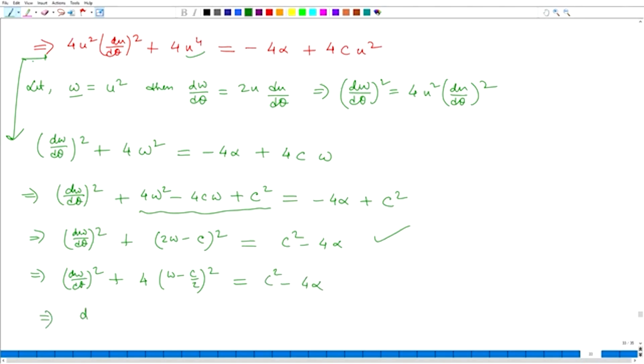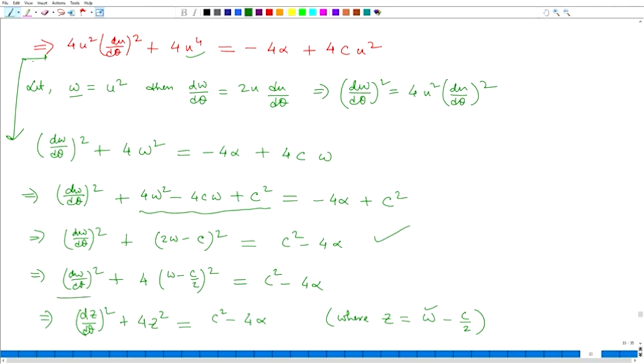Then I write (dz/dθ)² plus 4z² is equal to C² minus 4α, where a new variable is introduced, z is equal to W minus C/2. You can call this omega or W, whatever you want, it does not matter here.